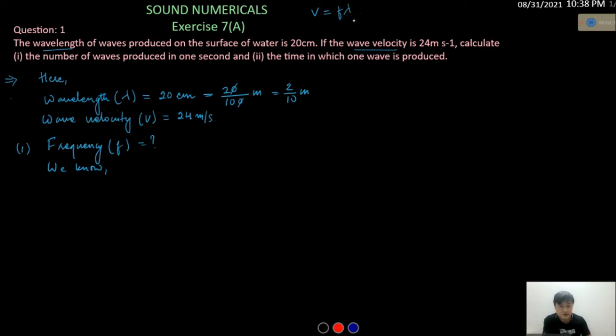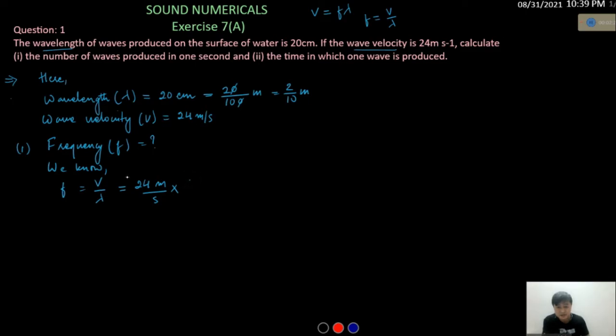If you have to find the frequency, this will be equal to v upon lambda. So f is equal to v upon lambda, which is equal to 24 meter per second, into 2 by 10.